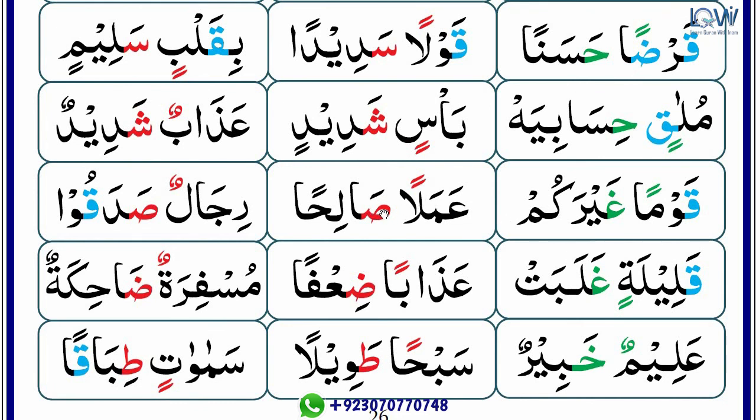Next word, there is an ikhfa letter after tanween. That's why there is ikhfa with gunna, and this alif is alif madda, so it will be stretched equal to 1 second.